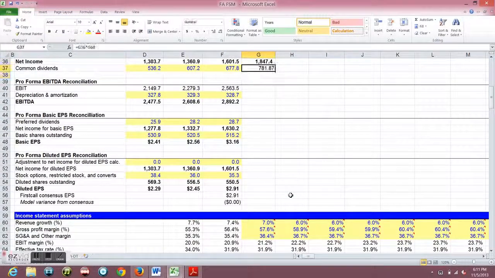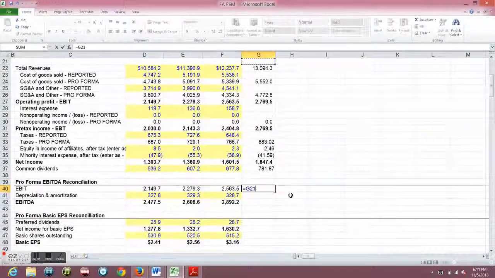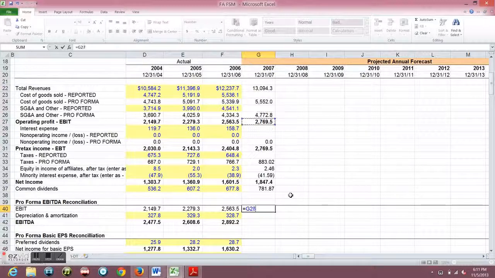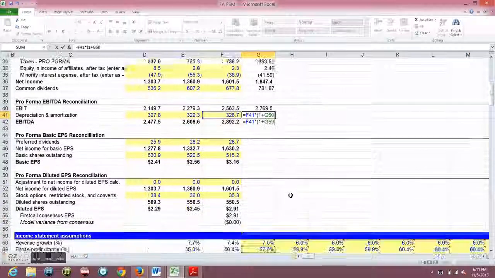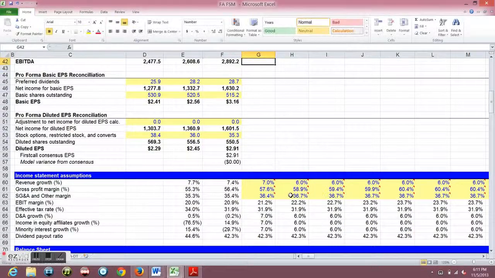Okay, and our EBIT, well, we had our EBIT over here, so we have our EBIT. Our depreciation and amortization, like we said, is going to grow with our revenues, so we're going to do 1 plus our growth with our revenue, which is right here, 7%. Close it.